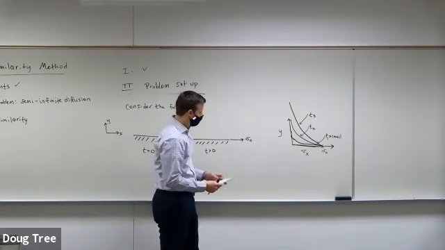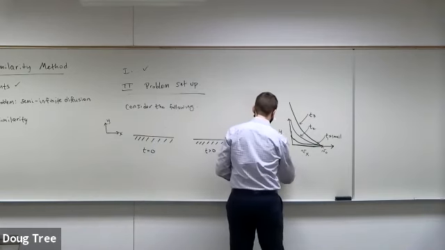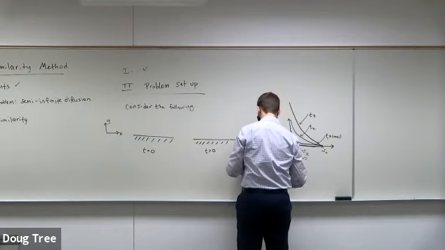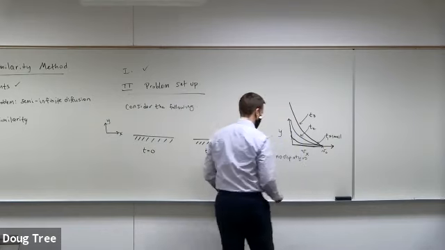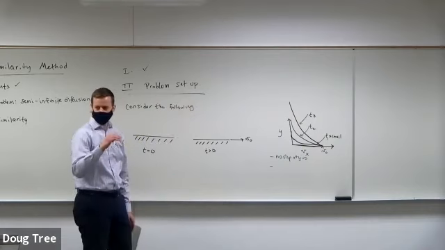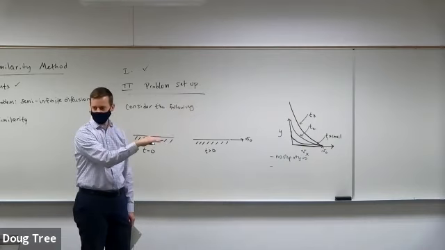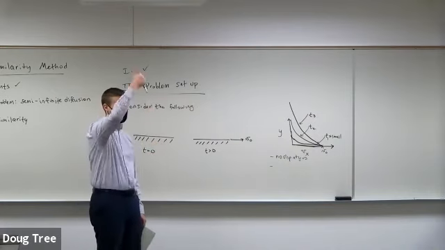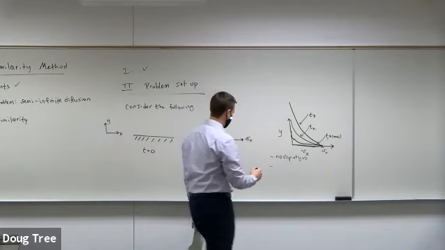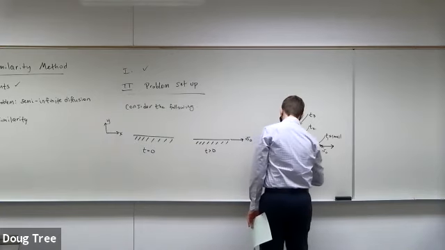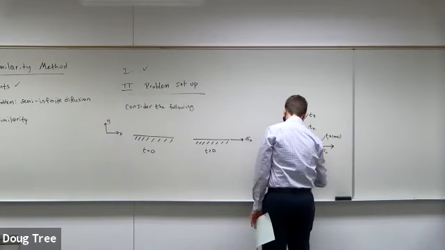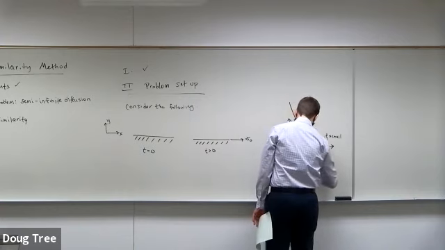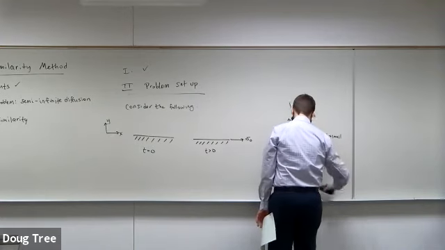So what are some of the principles? There's no slip at y equals 0. If we think about this, there's only velocity in the Vx direction, because that's the only velocity I'm injecting. I'm never injecting velocity in the y direction. So there's only Vx, and Vx is a function of y and t.